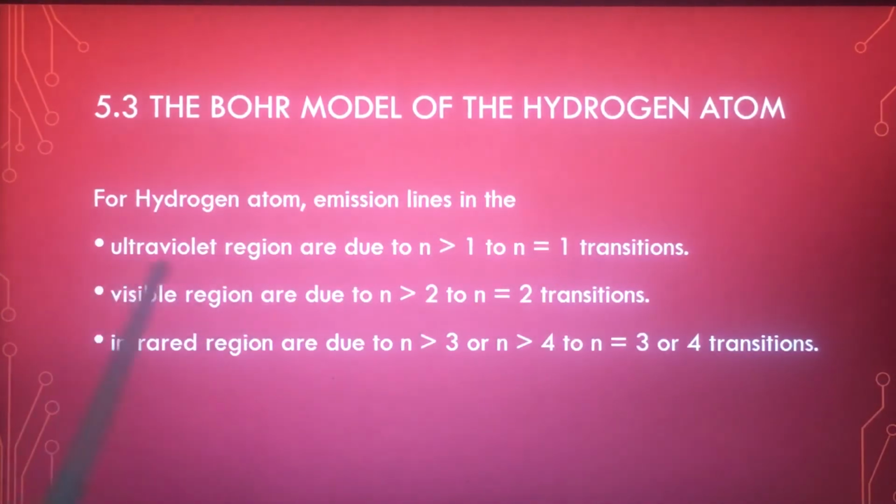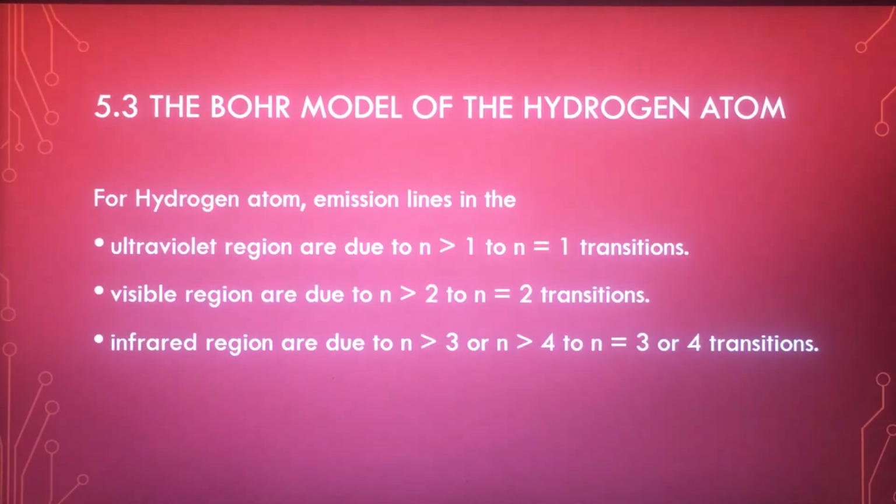They all fall in the ultraviolet or UV region. We have the IR for transitions going to n is equal to 3 or n is equal to 4. Again, we are particular with the visible region, wherein the final destination is n is equal to 2.